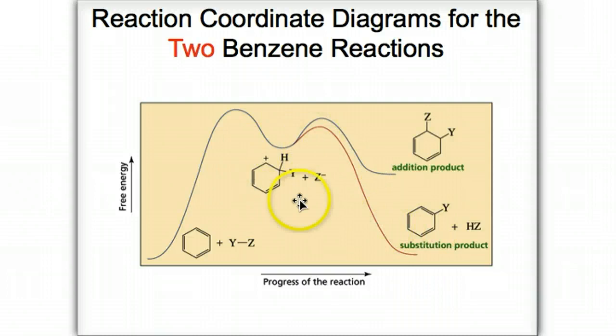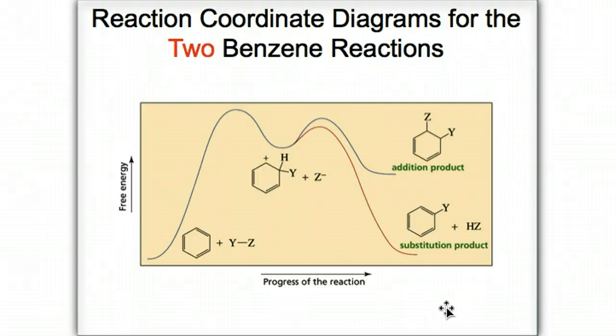And here in the middle you can see the carbocation intermediate. This diagram shows that the reaction of benzene to form a substituted benzene has a delta G close to 0. The reaction of benzene to form the much less stable non-aromatic addition product is at a much higher energy, so benzene undergoes electrophilic substitution reactions.